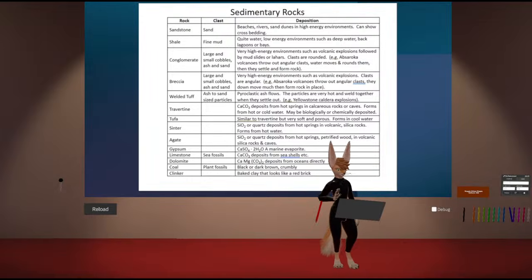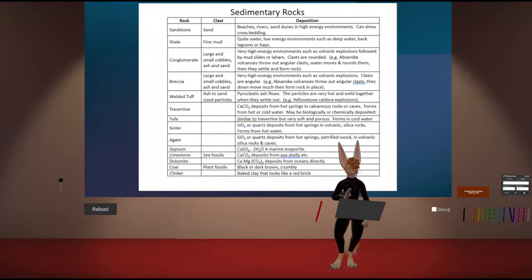Now, a fun little story. I've also talked to one of the folks here about it. Has anyone here heard of the phrase "where the coal meets the clinker"?